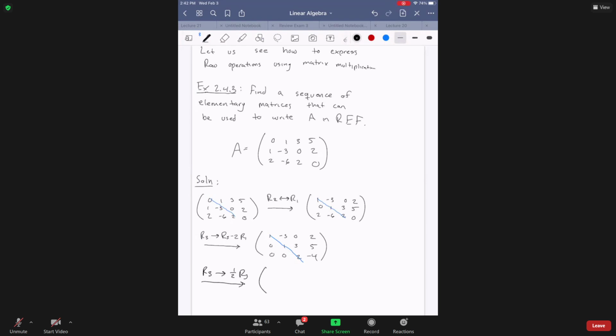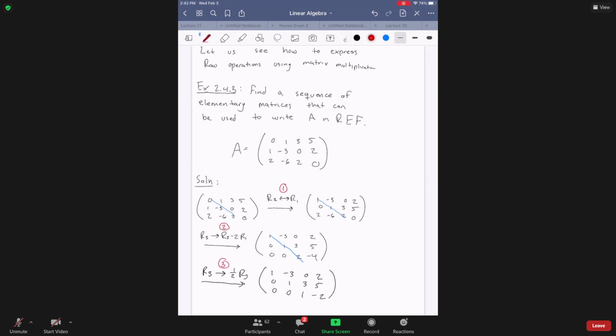So 1, minus 3, 0, 2, 0, 1, 3, 5, 0, 0, 1, minus 2. Okay, so this is REF, right? I wasn't doing RREF. From here, just label each of those row operations 1, 2, and 3.